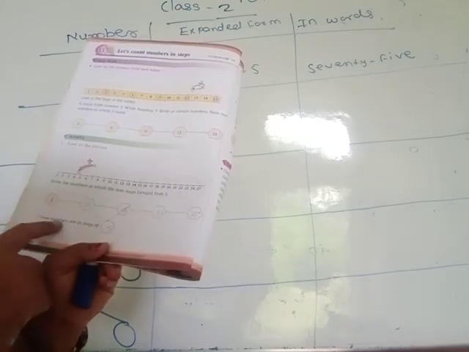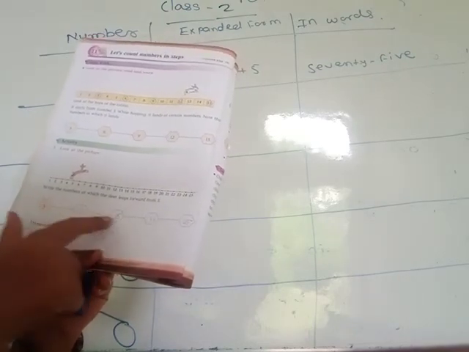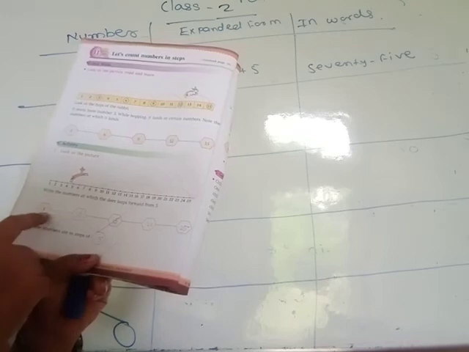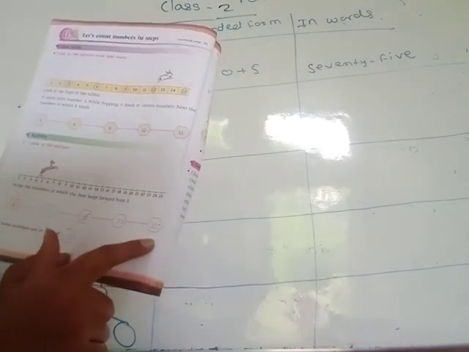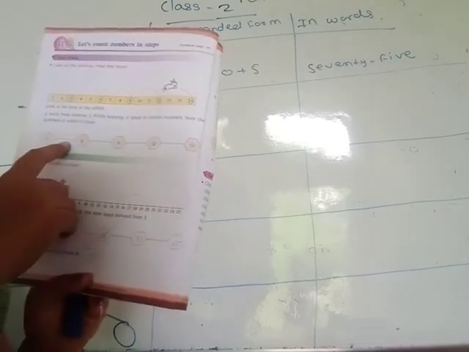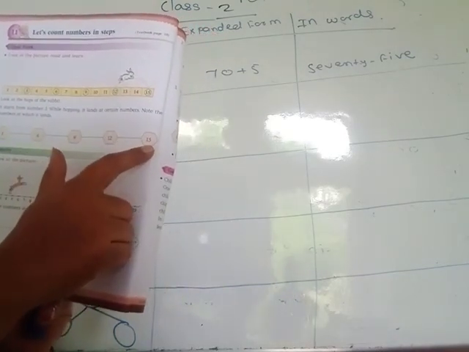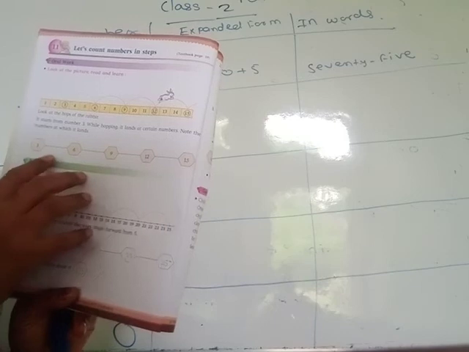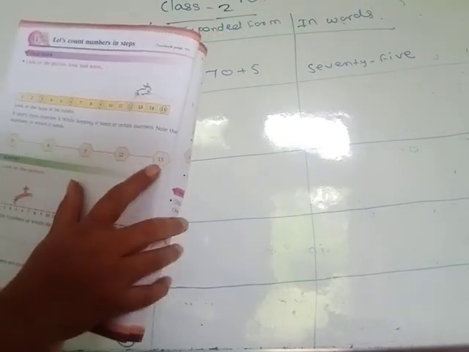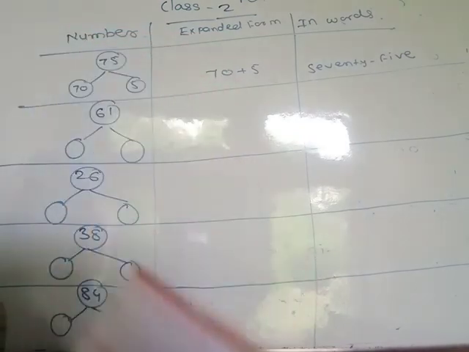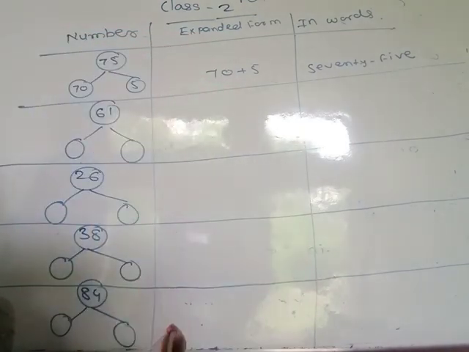Means these numbers are in steps of 5. 5 1 is 5, 5 2 is 10, 5 3 is 15, 5 4 is 20, 5 5 is 25. And the earlier numbers are in steps of 3. 3 1 is 3, 3 2 is 6, 3 3 is 9, 3 4 is 12 and 3 5 is 15.